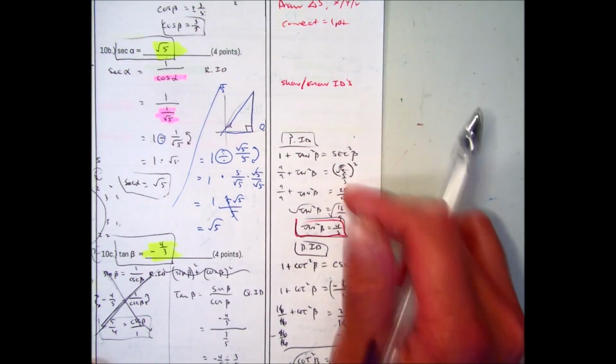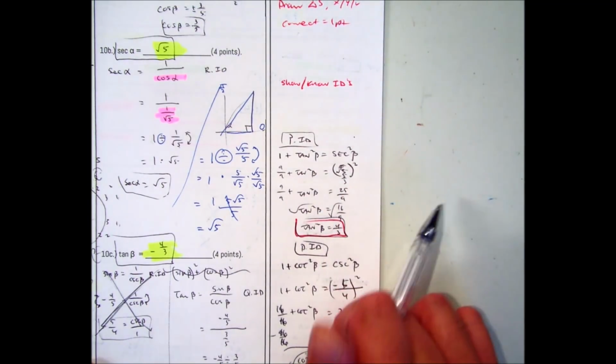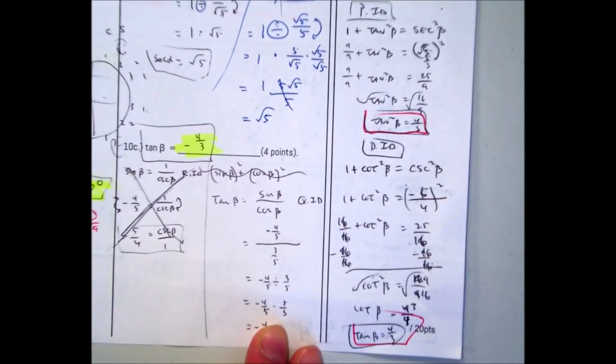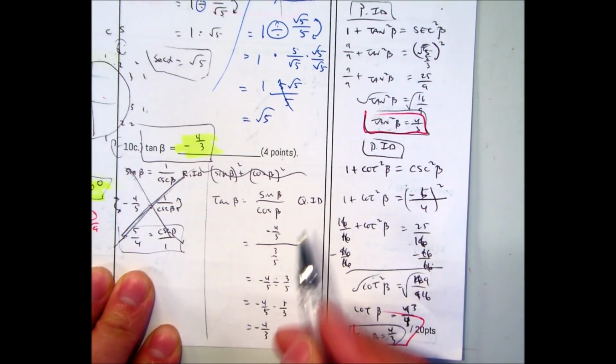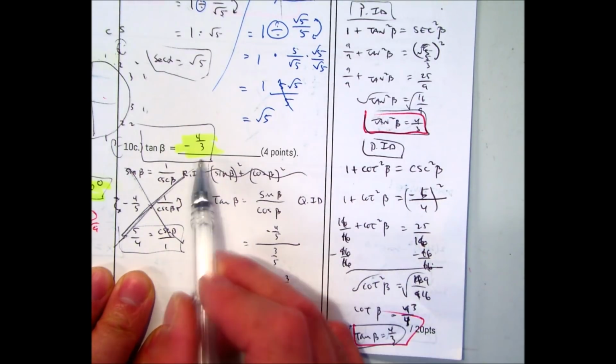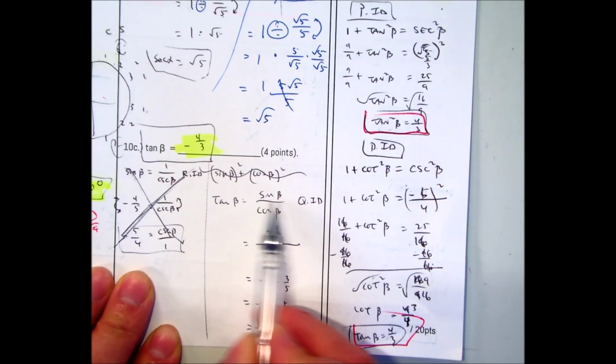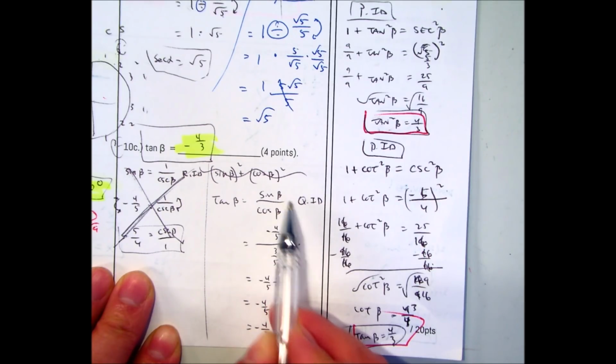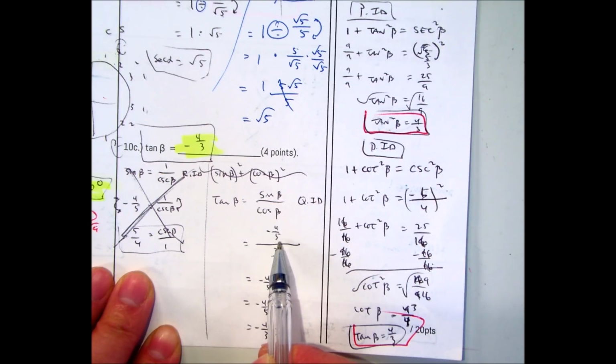Now I chose to add these on my solutions because I saw other students use that, and that's great. I'm just going to show you what I did. Tangent of beta is equal to negative 4/3. I got that by putting sine of beta, which is your given information, negative 4/5.